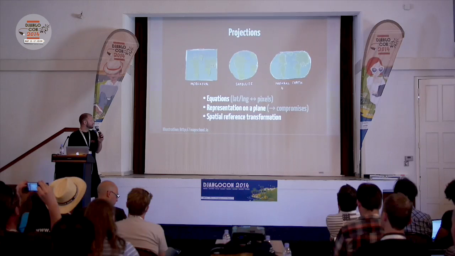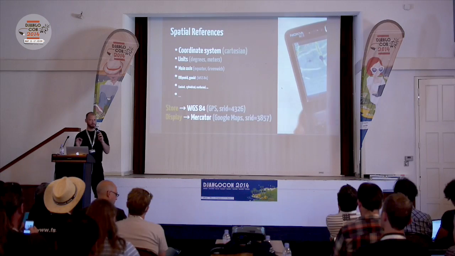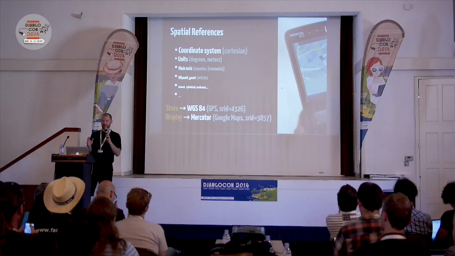So representing spherical coordinates on a plane means doing compromises and changing from one projection to another. It's called spatial reference transformation. A spatial reference is just a very scientific description of the coordinate system you're using.